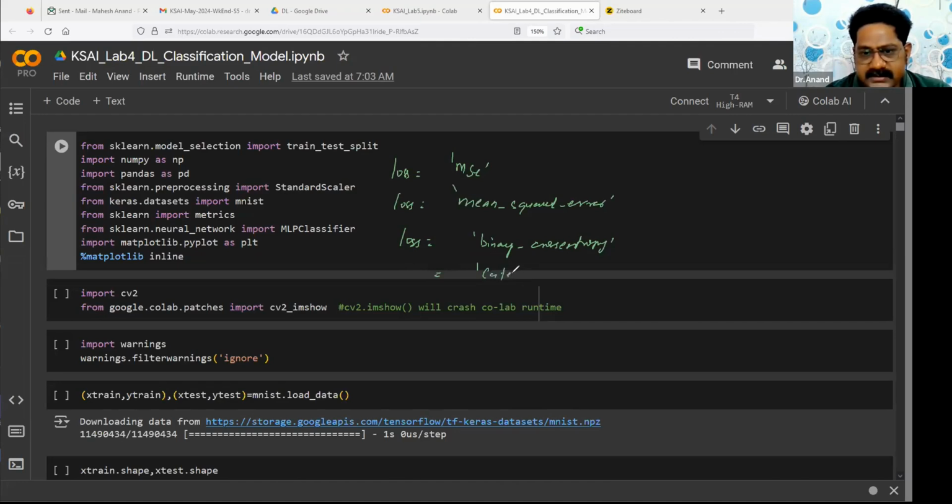For multi-class, categorical_cross entropy. So here you don't have a choice, right? If it is a regressor problem, you have to go with this loss function. Whenever you deal with binary classification, it's the loss function.